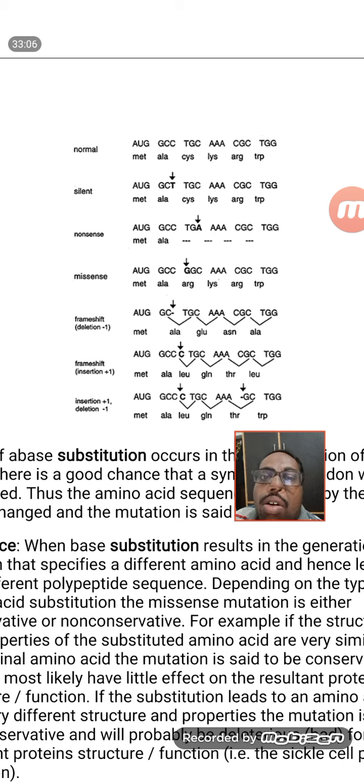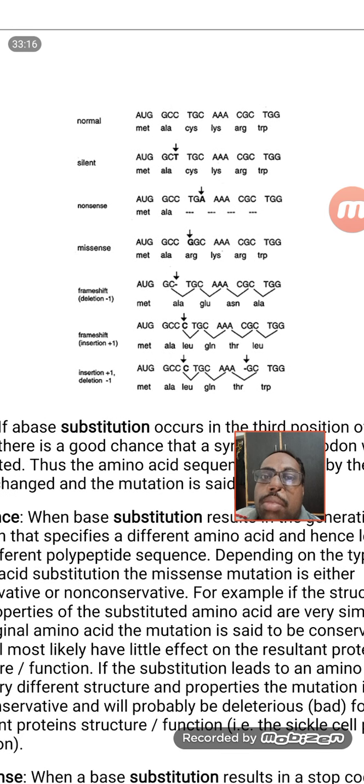Entirely the three codons are shifted, or some are added or deleted, or inversion, anything. In the frame shift mutation, first you see AUG, GCC, it is the original codon, but when you come here there is only G and C, it is gone.